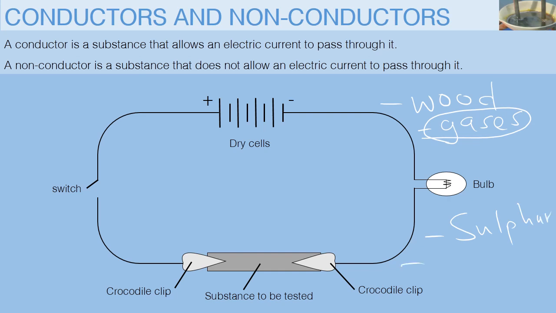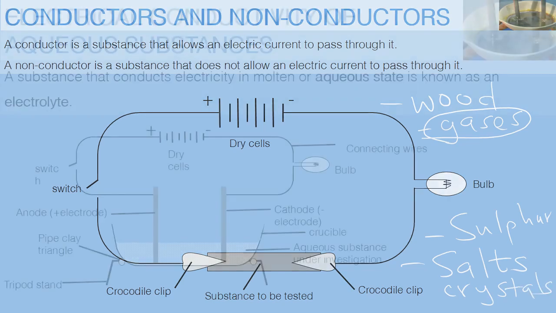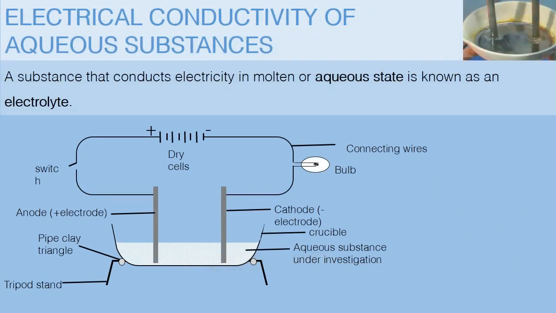We also have other non-conductors such as salts, crystals. Salts in solid state cannot conduct. We had a setup that was used to determine whether a solid is a conductor of electricity or not.